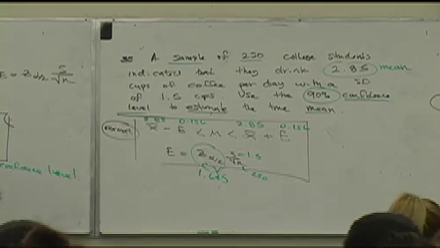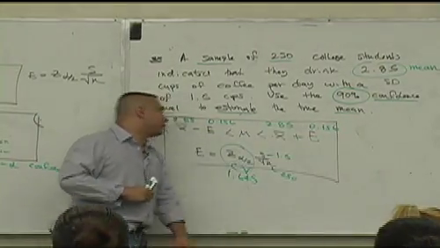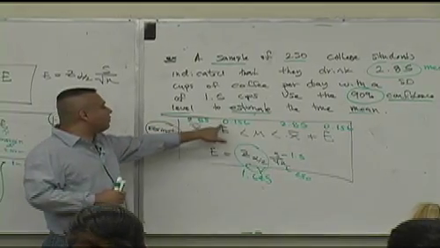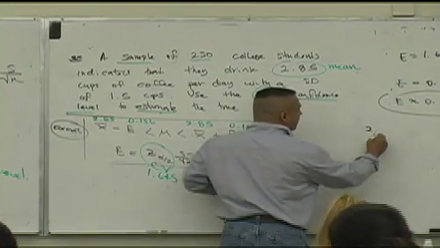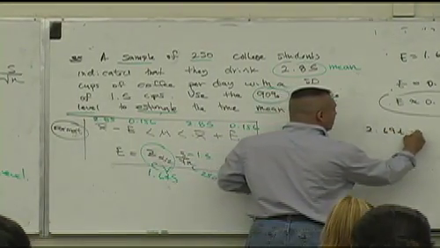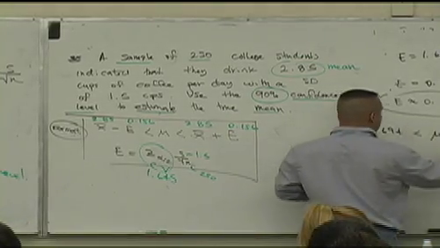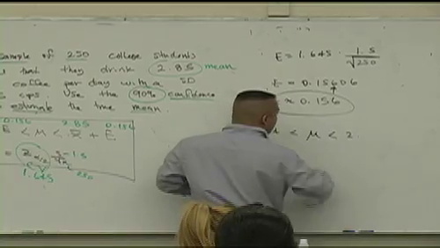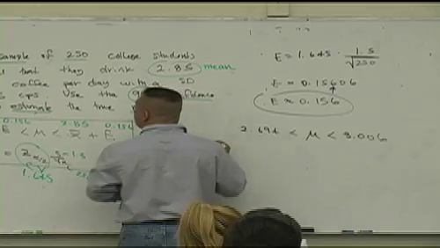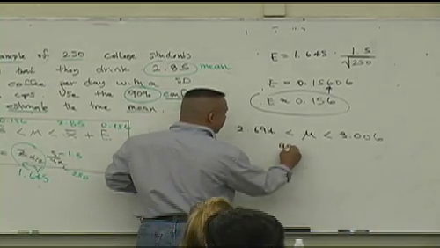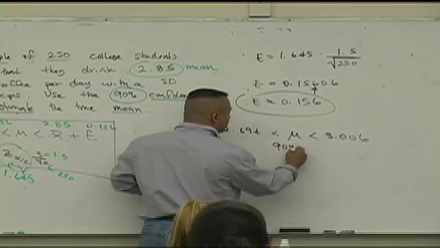So what you're going to do is take the mean of 2.85, add 0.156, take the mean of 2.85, subtract 0.156. What do you get? 2.694 less than the mean, less than 3.006. And you can say this with 90% confidence.